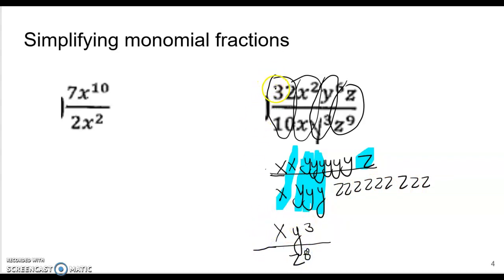And then I can think of 32 and 10. I can divide both of those by 2. That'll get me 5 over 16, and I cannot simplify that further.